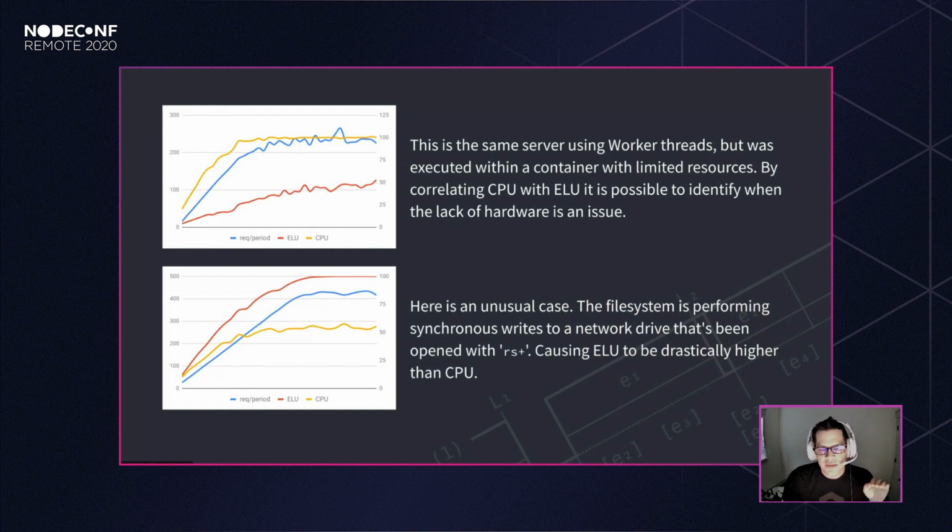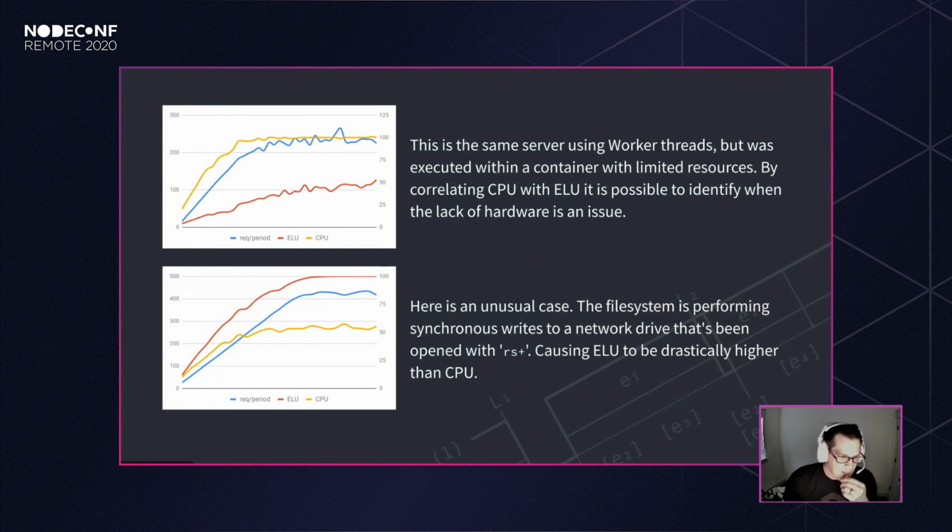But if we look at our total CPU usage along with ELU, we'll be able to notice that the limiting factor here is in fact the hardware and not the software. So CPU, while in terms of monitoring isn't as useful as ELU, is still useful to use in correlation with each other to find other situations like this.